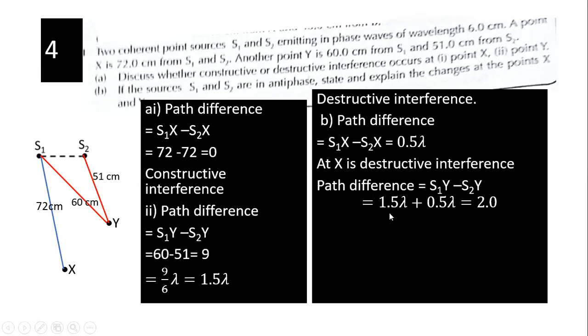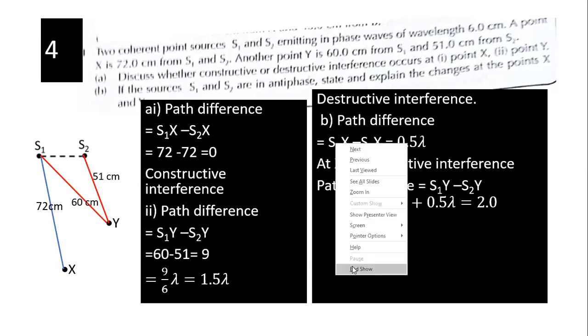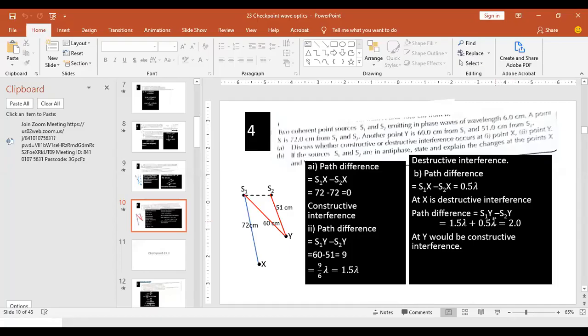Previously we got 1.5 lambda. Then because of the antiphase, you have to add another half there or subtract. So you get a whole wavelength of lambda. So it's constructive.